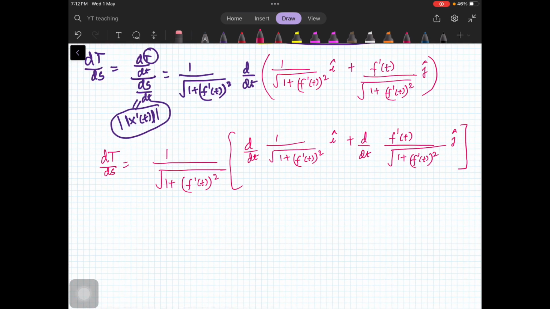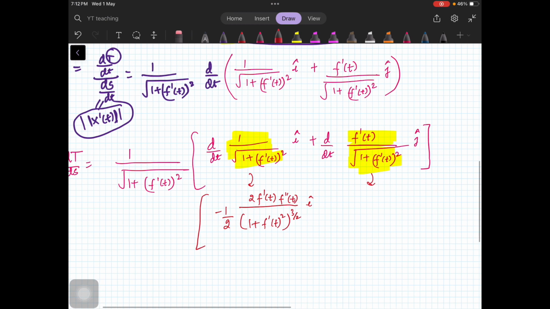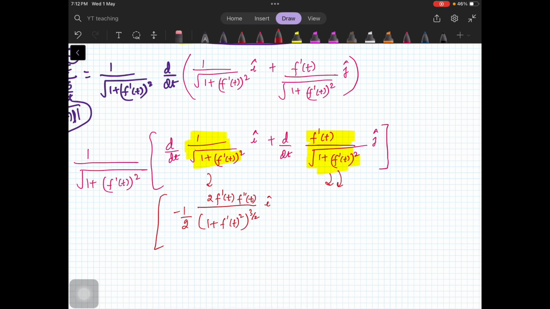Now you know how to differentiate these. Here we will use the quotient rule. The first thing here is minus 1 by 2, (1 plus f prime t squared) raised to power 3 by 2, then by chain rule 2 f prime t f double prime t, i cap. And for the second, I am going to use the quotient rule.